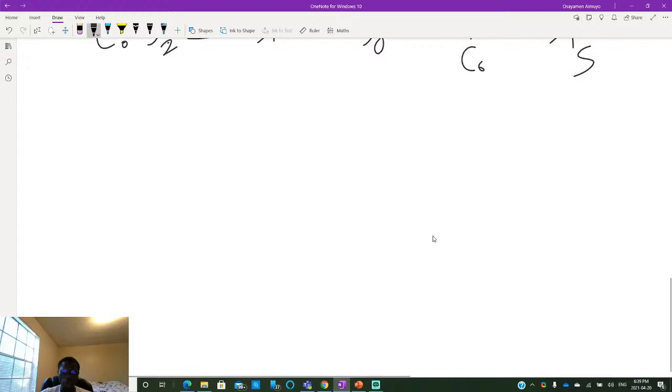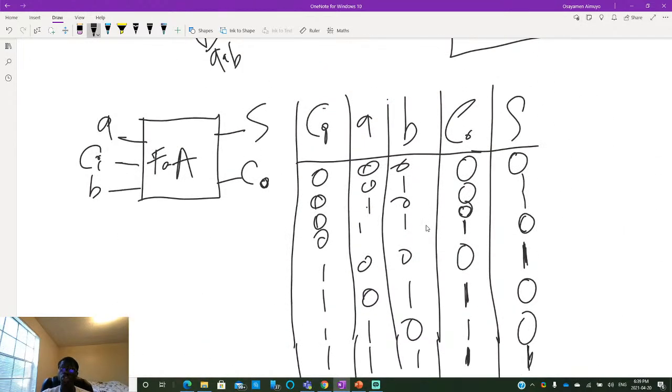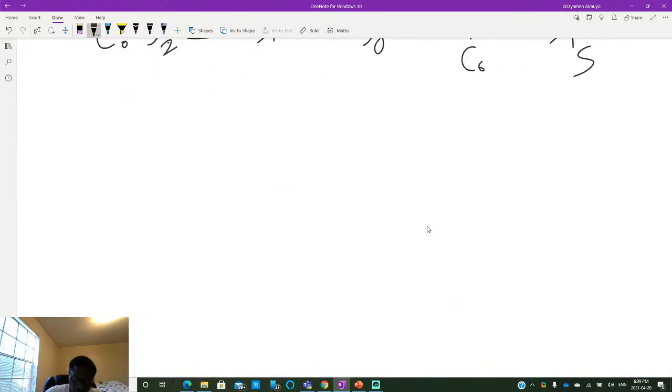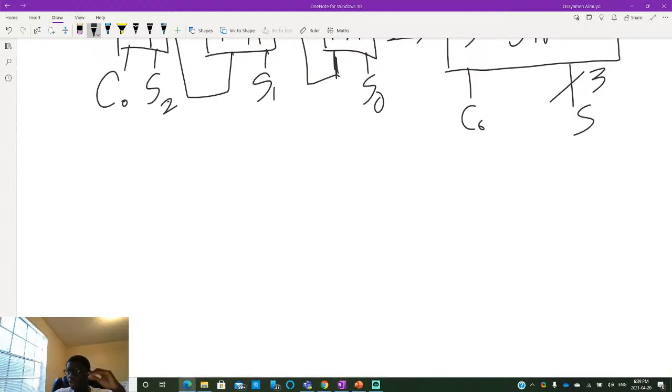Okay, so we've looked at addition. What about subtraction? There are two different ways of performing subtraction in binary.